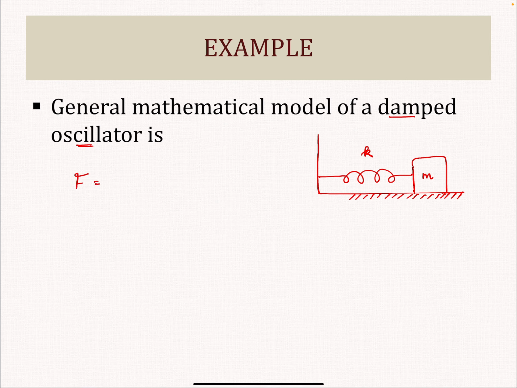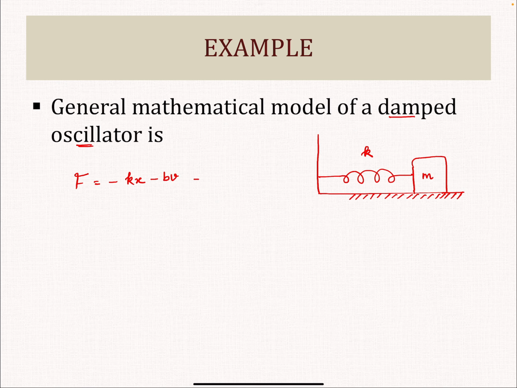Its mathematical equation or model: the forces acting on this block are minus kx, as in general due to the spring, and because friction is present we can also write minus bv.